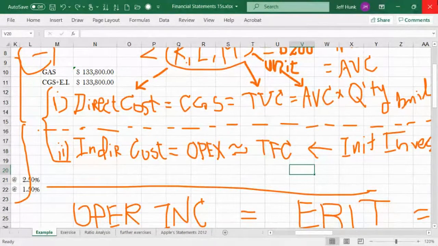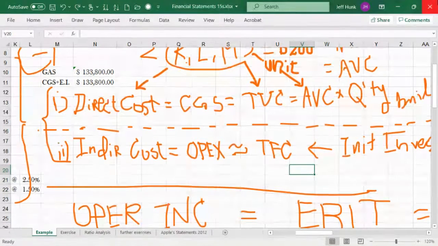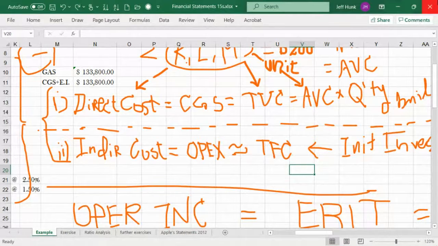And fixed cost doesn't mean it will never change. The landlord can raise it at some point, but whether the landlord raises it or not doesn't depend on your production level. You have to make it very clear to yourself. Direct cost is also called total variable cost because it varies with production.